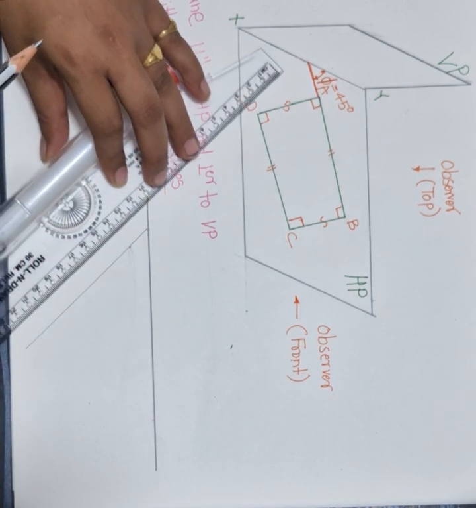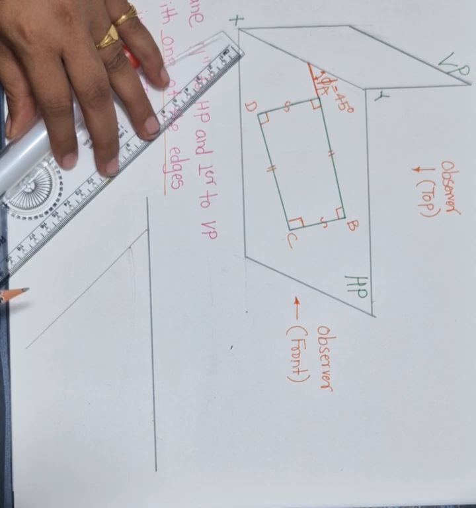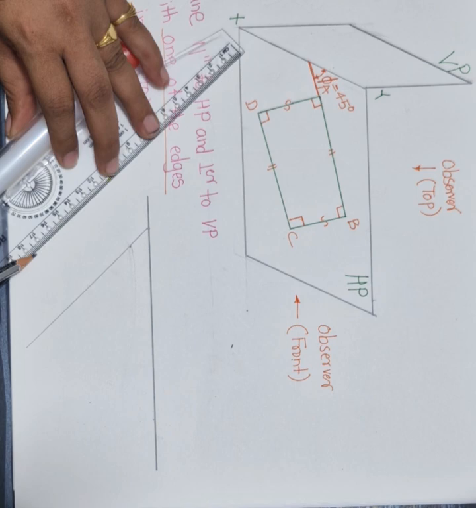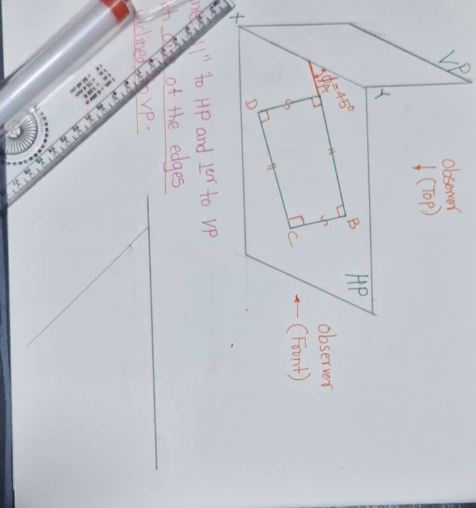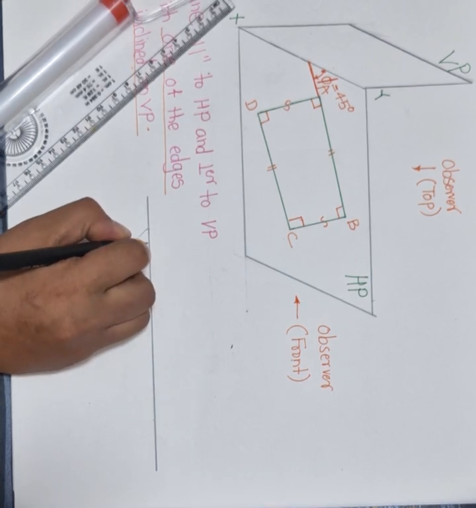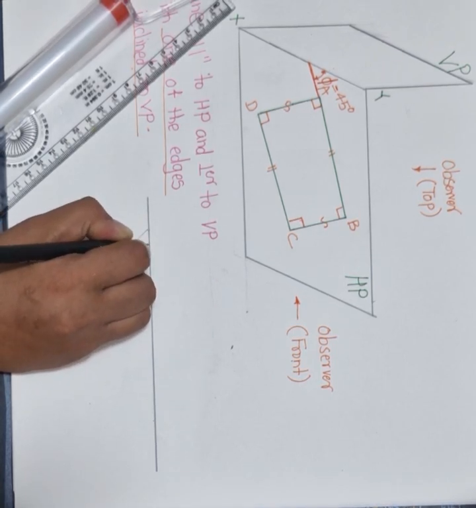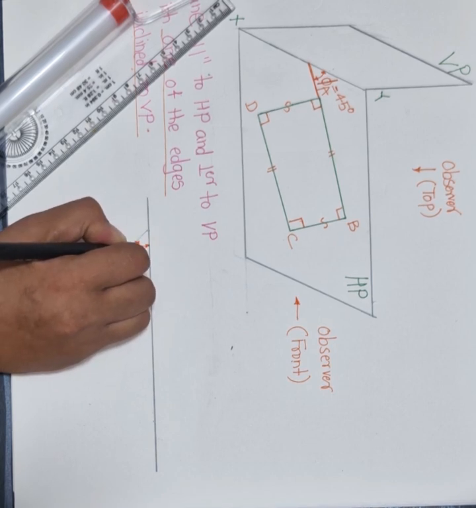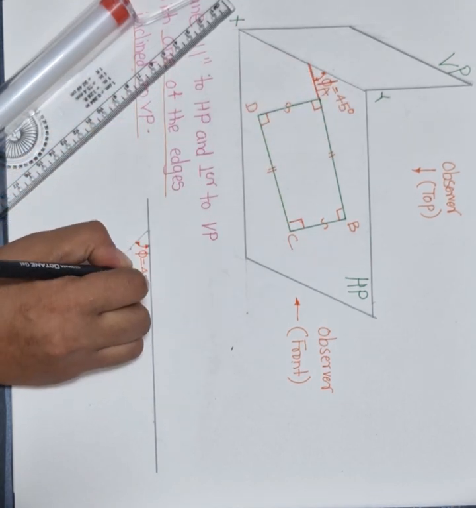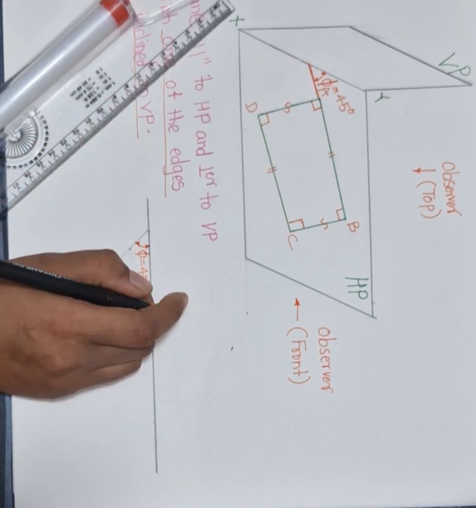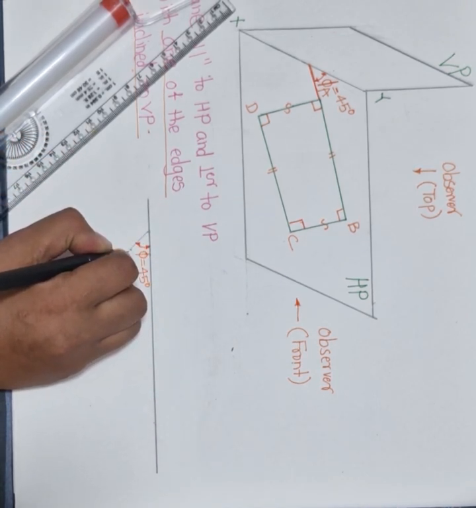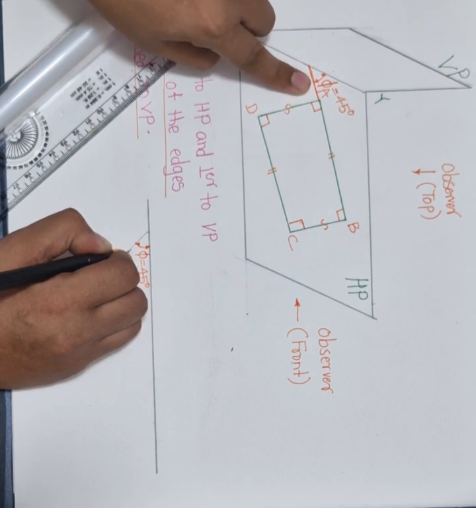We'll draw a faint line. Now, as we can easily observe, this is the angle made with the VP denoted by phi, given as 45 degree.